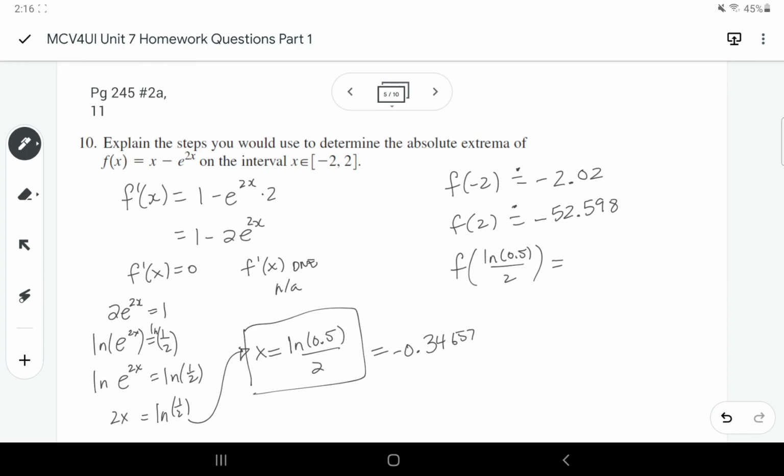So putting this into my calculator, 2 times this decimal in that exponent on e, I get -0.846. So this would be the max, and the minimum would be at the endpoint at 2.